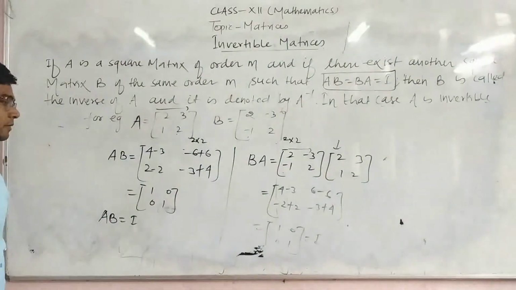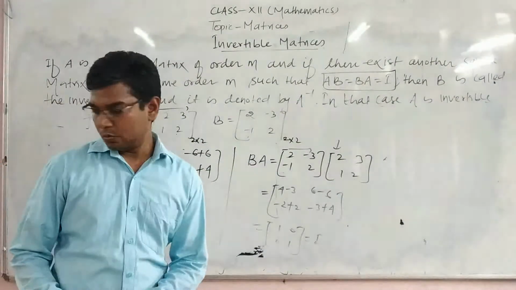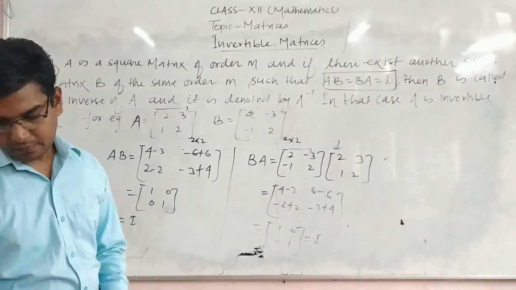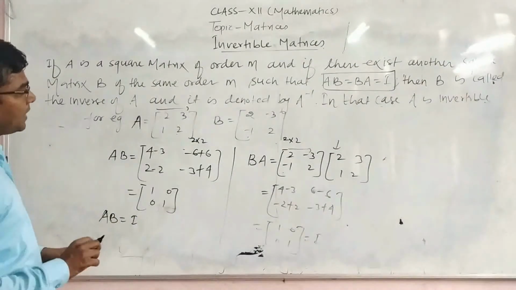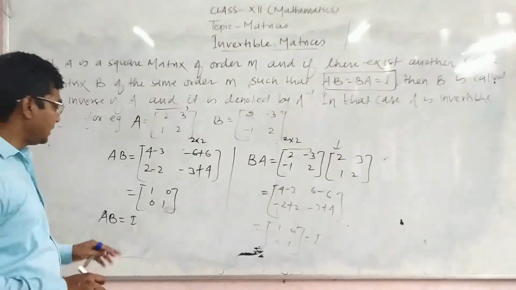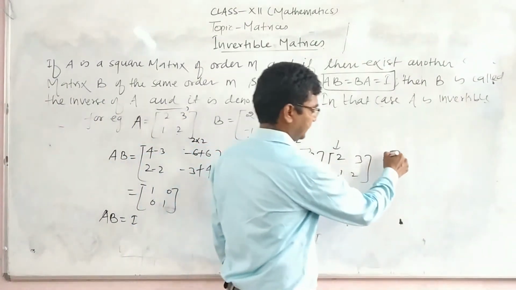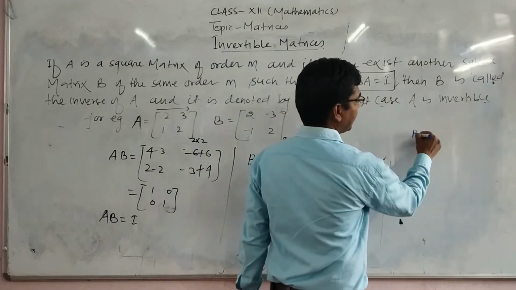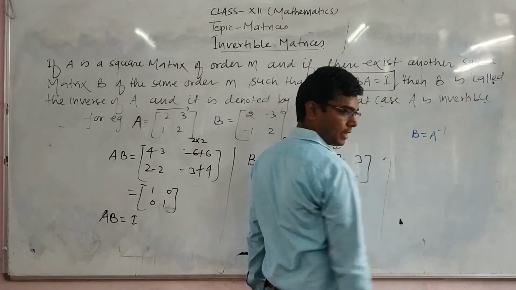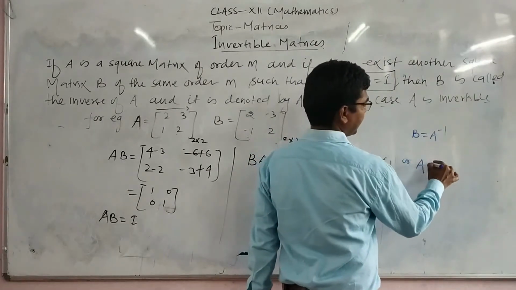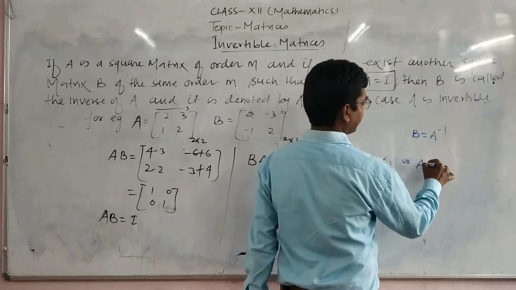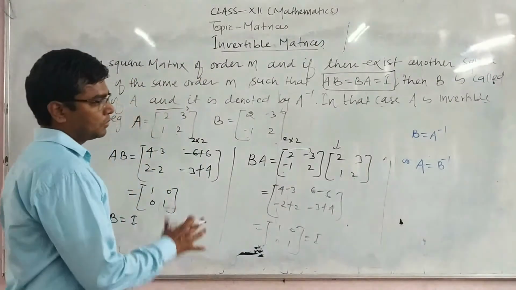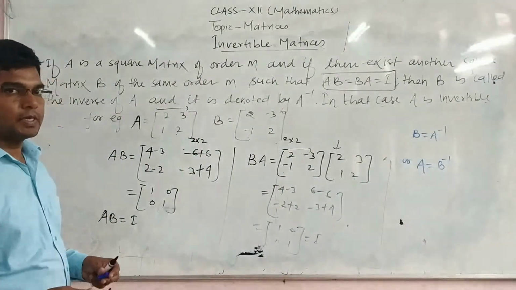So AB and BA both are equal to identity matrix. Clear? So when this condition is satisfied, then we can say that B is the inverse of A, or A is the inverse of B. So in both ways it will be right. Clear?